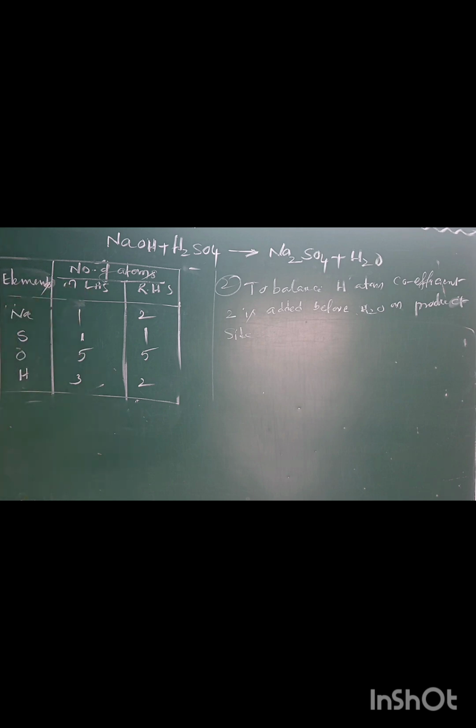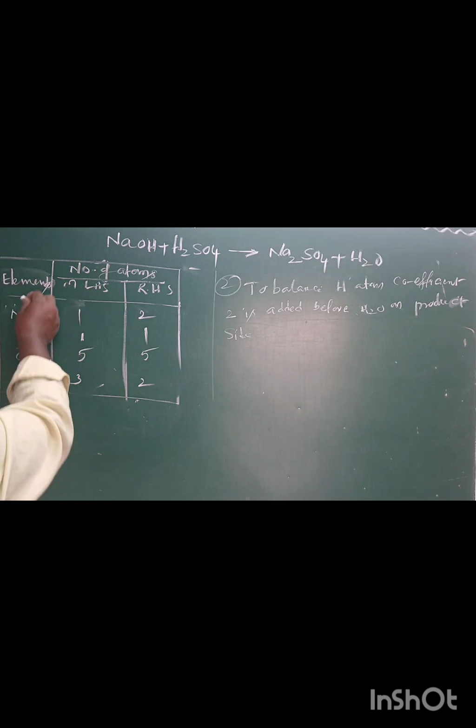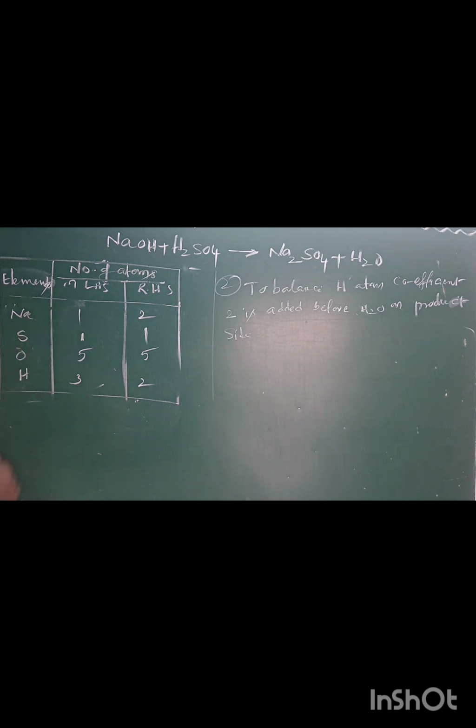Now balance the atoms. First these are sodium, sulfur, oxygen. Which one is balanced first, sir? Always metals are balanced first. Sodium is not balanced. That's why to balance the sodium atom first.